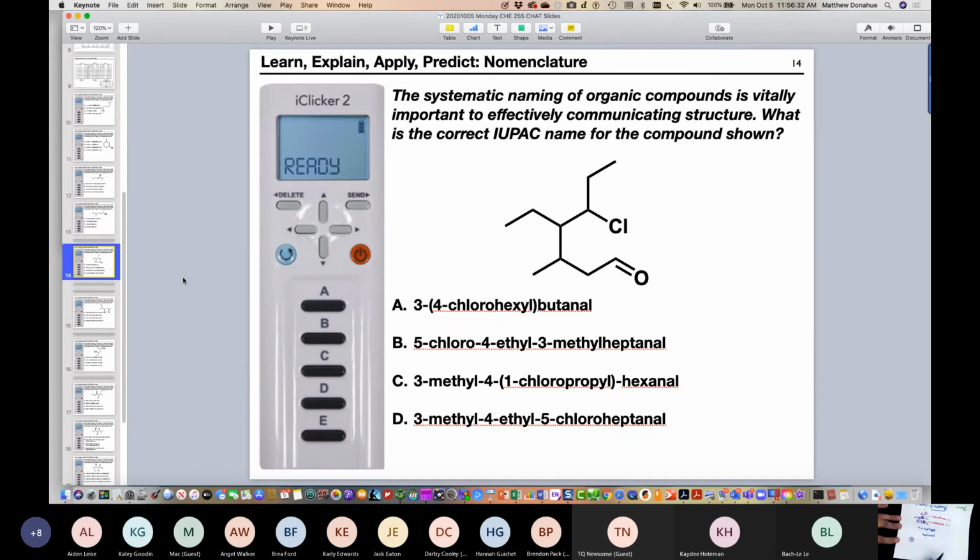And again, the order of those is alphabetical. So C is greater than E is greater than M. Even though the numbers 5, 4, 3 are descending, the order comes from the alphabet. 5-chloro, 4-ethyl, 3-methyl heptanal.